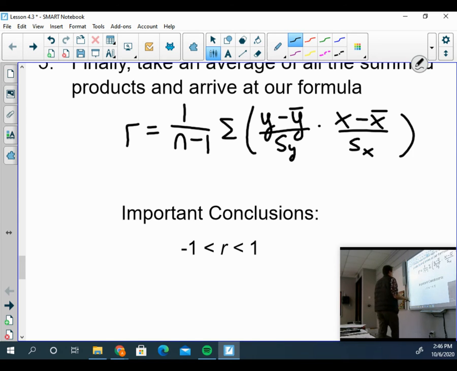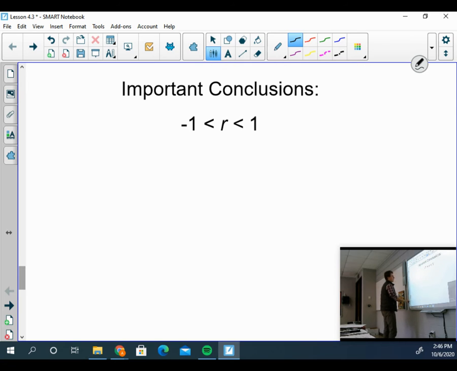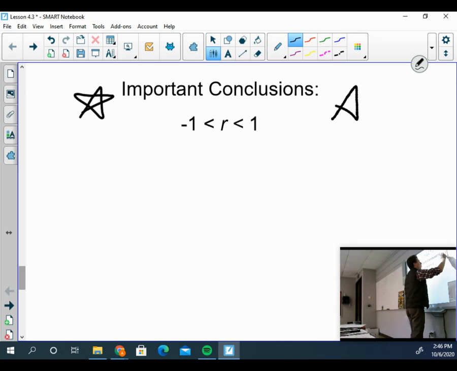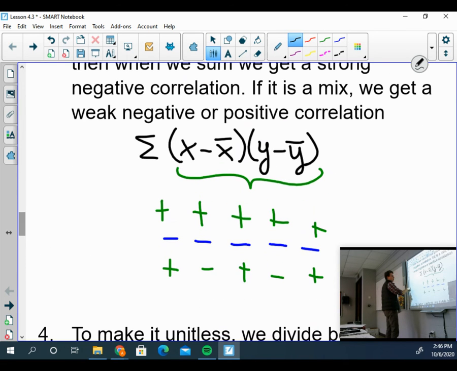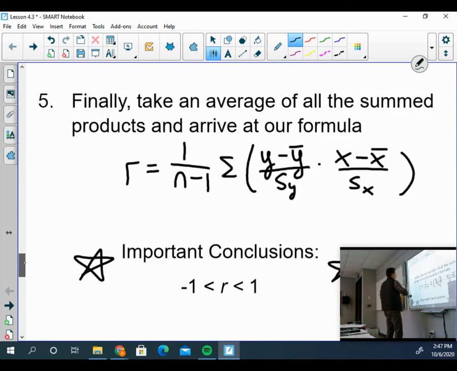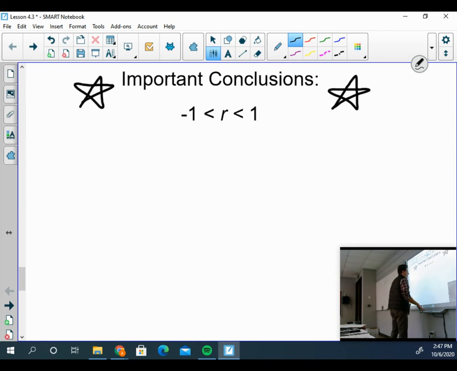What this value R is going to be, and this is incredibly important, I would star this in your notes, is some number between -1 and 1. As I showed you up here, if we take our data values, subtract them from the mean, multiply them together, add them all up, and we get a bunch of negatives, we're going to get a number really close to -1.